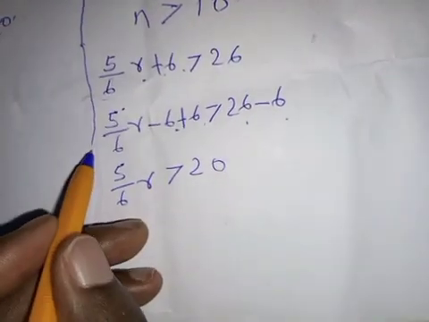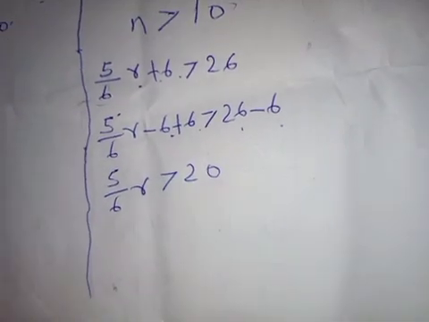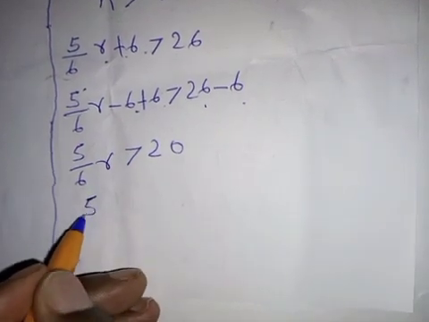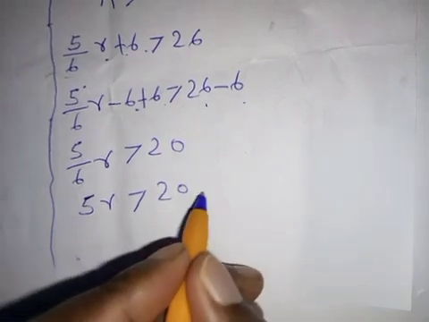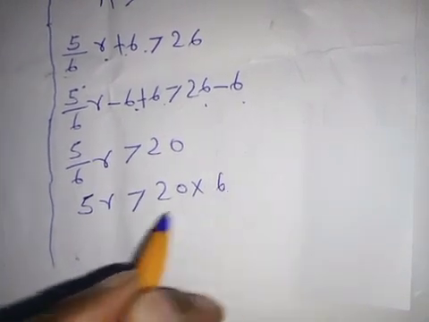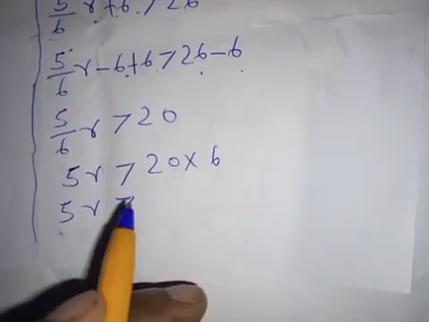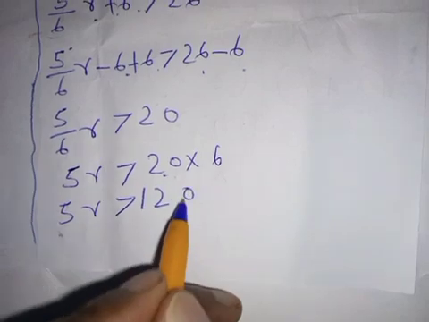Once you get that, now you multiply both sides by 6. So you have 5r greater than 20 times 6. 5r greater than, so 20 times 6 is 120.